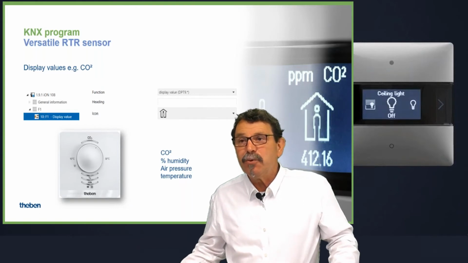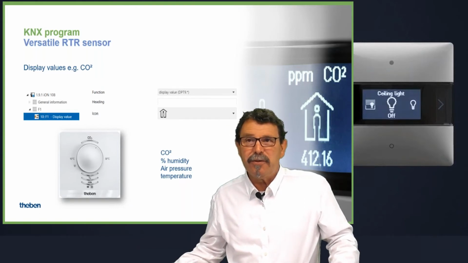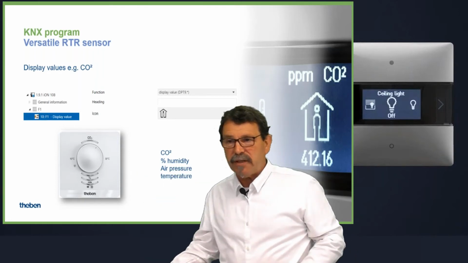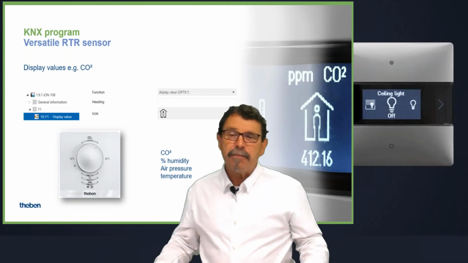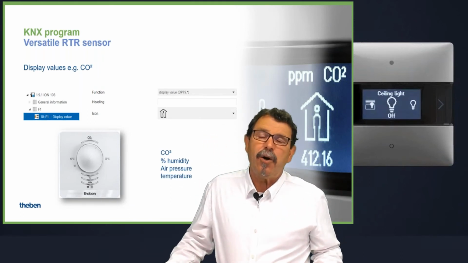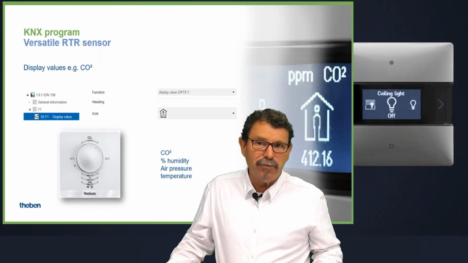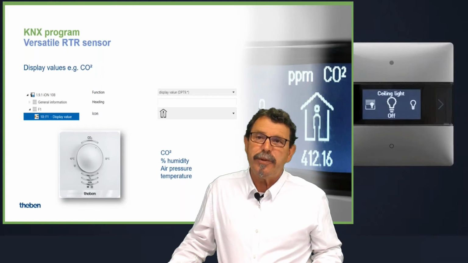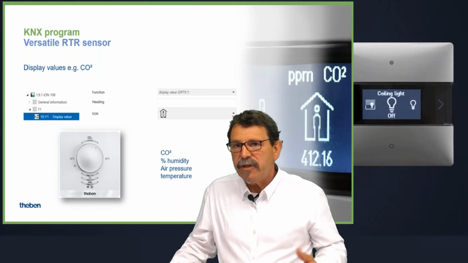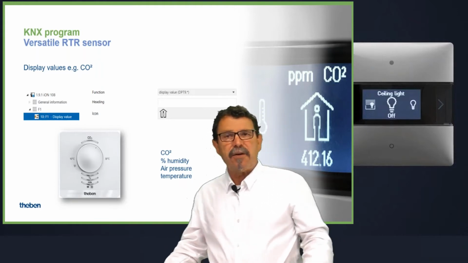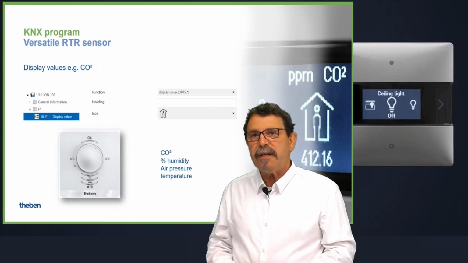When it comes to displaying values, for instance, we can use our iON CO2 sensor, which is an ideal application to measure permanently how is the CO2 quality in the room. We measure finally the percentage value of the humidity or the air pressure if you're eager to know, and we can give as well a response of the temperature, and you can link it directly to the iON 108 application.